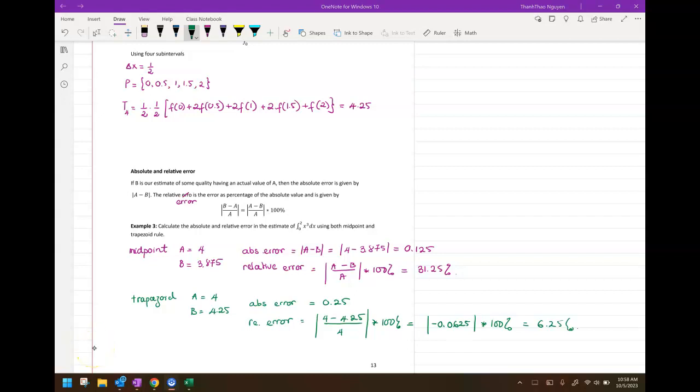There's a mistake here. The relative error for the midpoint is 3.125%.